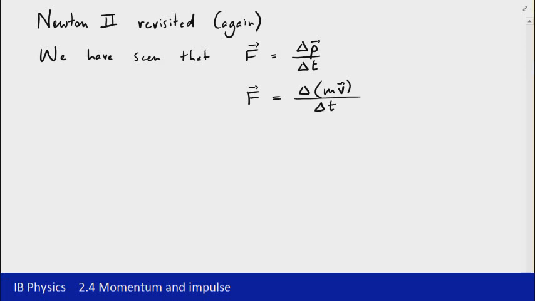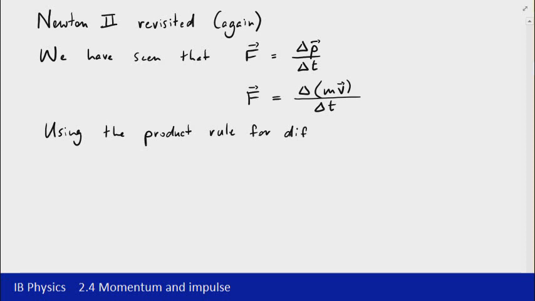Now this next step is not one that you need to be able to do under exam conditions or anything like that. Just explaining the mathematical process that you would go through, and that's using the product rule for differentiation.